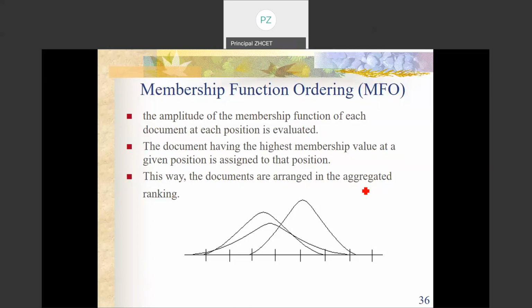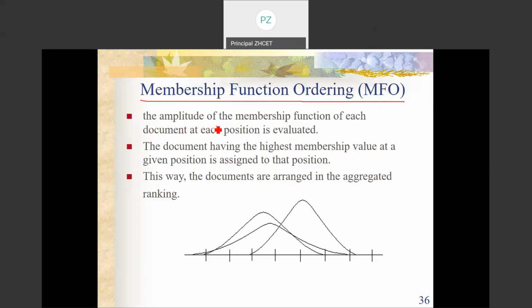So that sends us thinking, where have we gone wrong and what improvement should we make? In that sense, we have gone to another technique which is called membership function ordering.